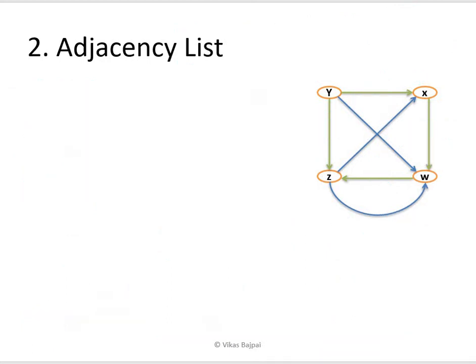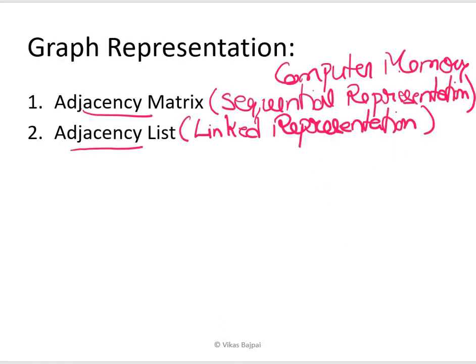Now let's have some discussion on adjacency list as well. The reason for moving towards adjacency list, which is the linked representation, from the sequential representation is that there are some issues associated with the adjacency matrix, where we are going ahead with sequential representation.